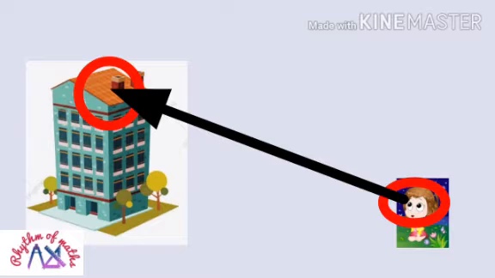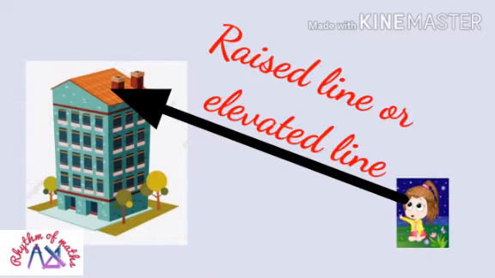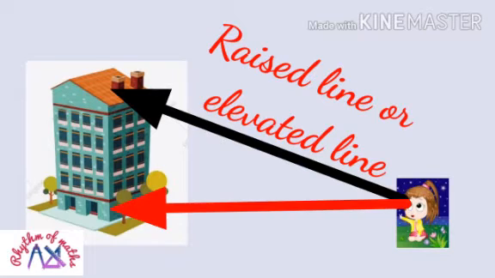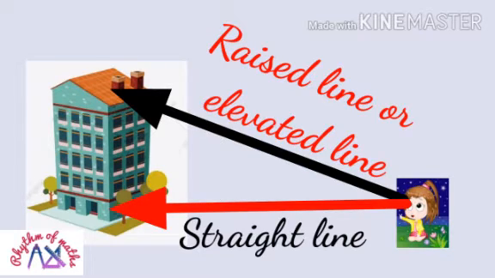That line is the raised line, or elevated line. This line is known as the raised line or elevated line, because from the straight line we are raising our eye.